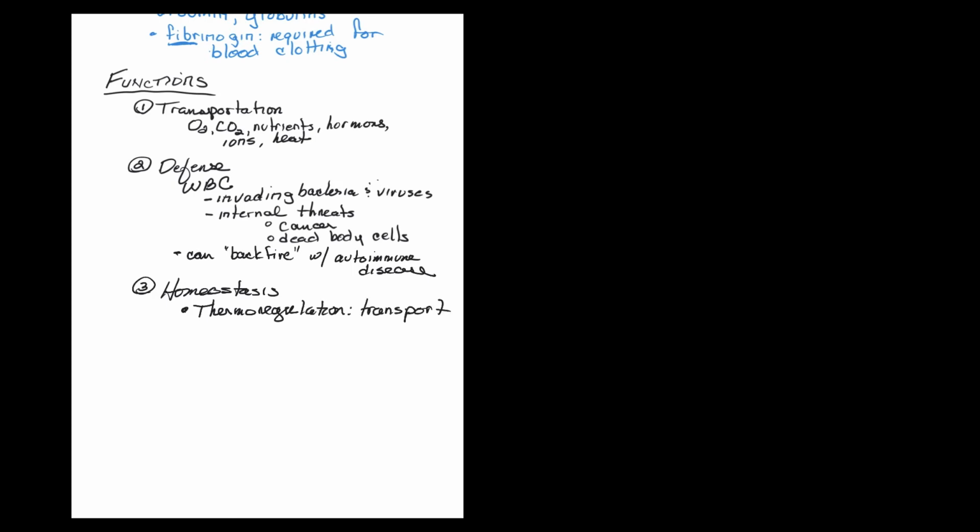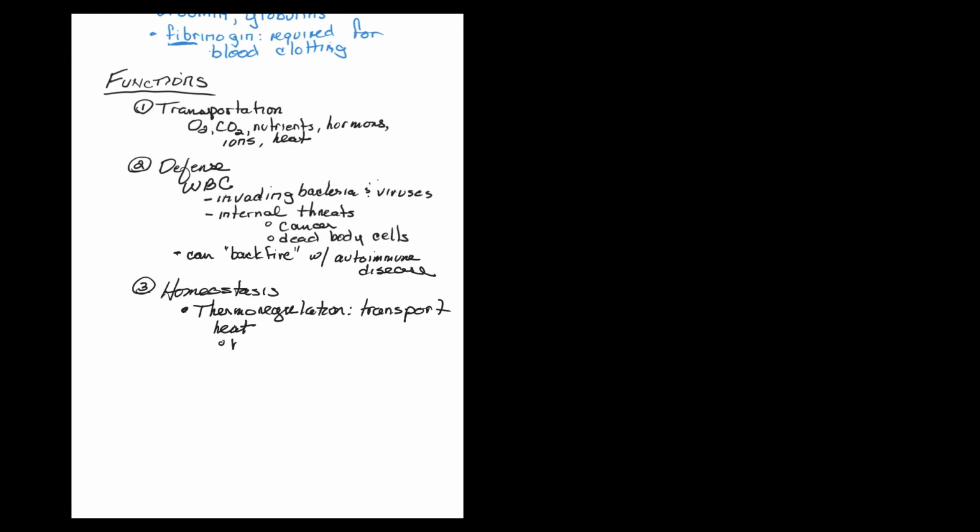All right, so the third function then, oh, right, so the backfiring with the autoimmune diseases, right? The third function is maintaining homeostasis. And in fact, your blood actually does many, many things to help maintain homeostasis in your body.